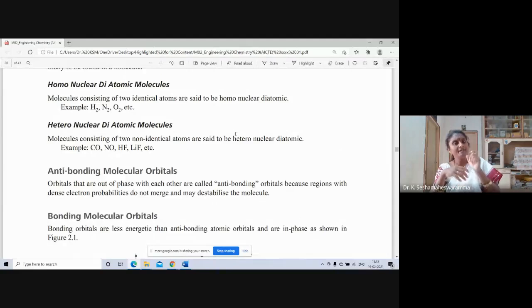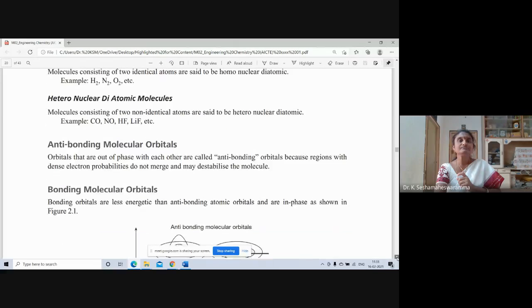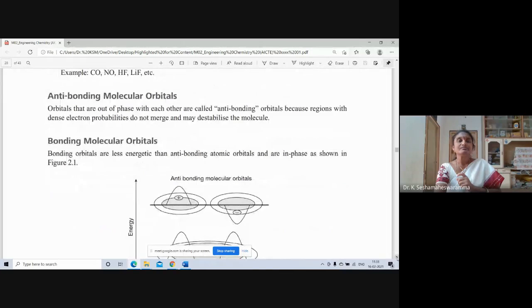Orbitals that are out of phase with each other are called anti-bonding orbitals. These are anti-bonding molecular orbitals. This is in phase, then this is out of phase.